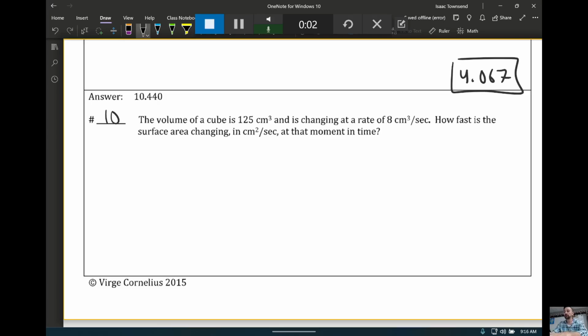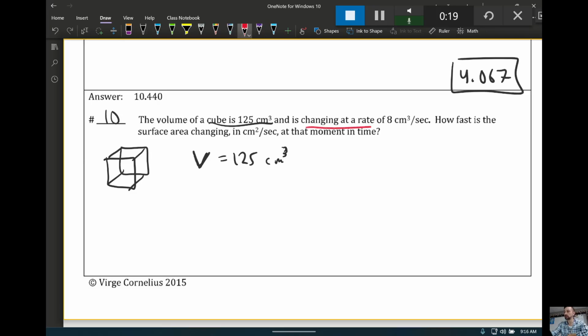All right, volume of a cube is 125 cubic centimeters and is changing. So V prime is changing at 8 centimeters cubed per second.